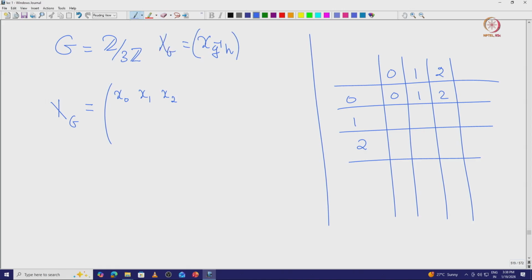So this is the G direction, this is the H direction.